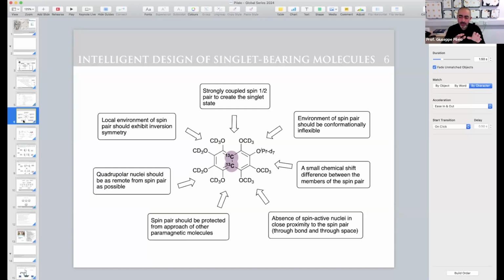We call it spin molecular rotation, but never mind. So there are mechanisms of this kind, and then another important thing is trying to protect it from the approach of other paramagnetic molecules you may have in solution. One above all is oxygen, but you may also have other contaminants. So it's all about that.